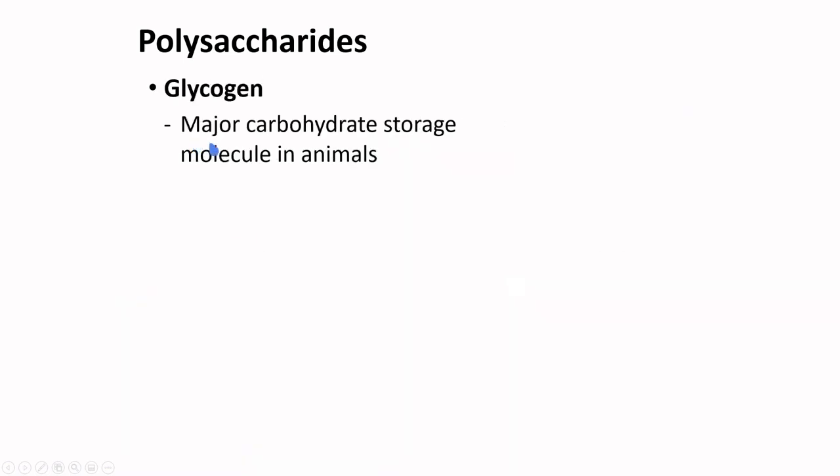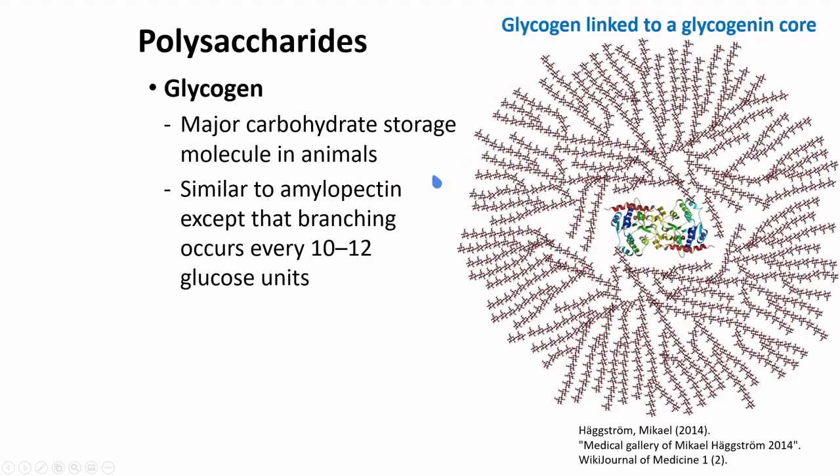Glycogen is the major carbohydrate storage molecule in animals. It is similar to amylopectin except that branching occurs every 10 to 12 glucose units. The molecular mass of glycogen can reach up to 100 million Daltons.